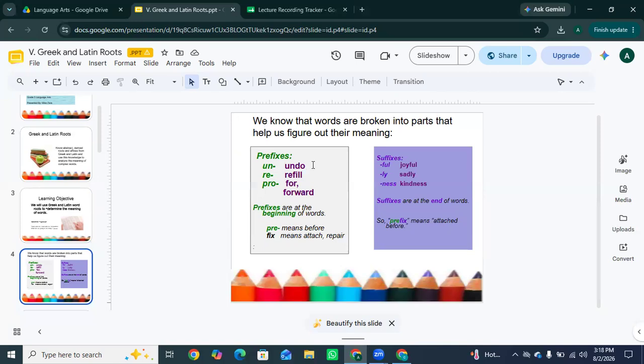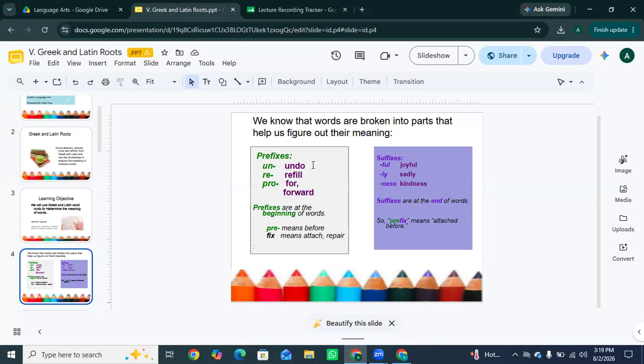Un means not, and undo, unhappy, unsafe. Similarly, re means again. So rewrite, replay, refill. Pro means forward, which means progress, project.